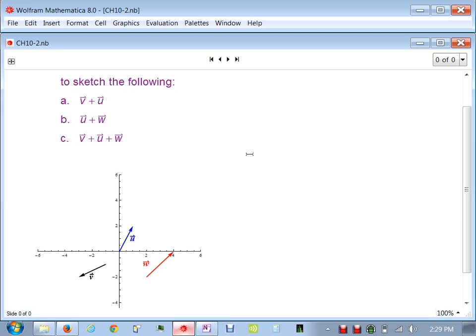If I took V plus U, all I'd have to do is take the black one here, attach its tail to the tip of V, so it would move up and over like that, and the result would be a vector going from here to here. And I would draw that on there. And then you do the same thing on the other. I don't want to do that, but I would encourage you to try on your own, to draw that yourself and be able to paste vectors together. Question?